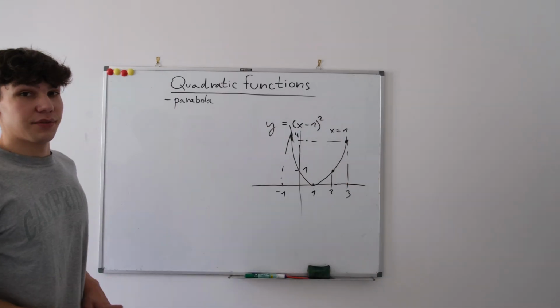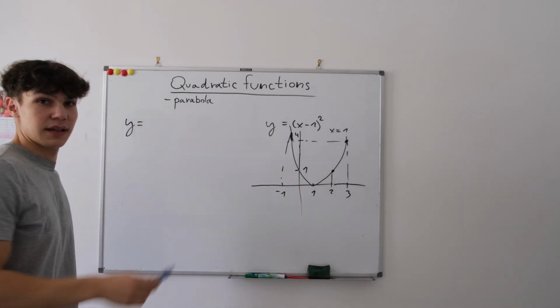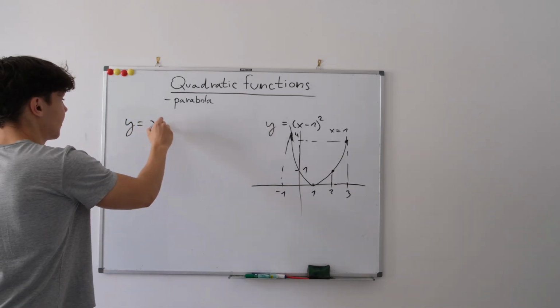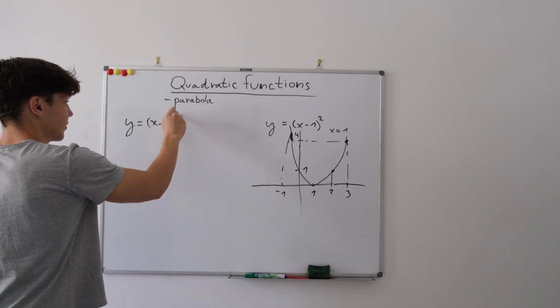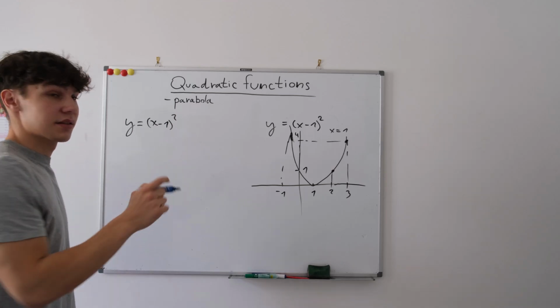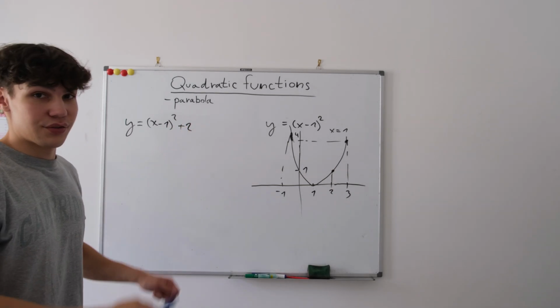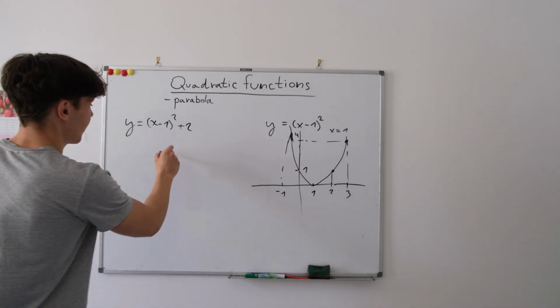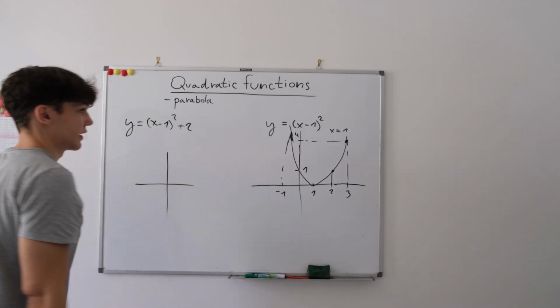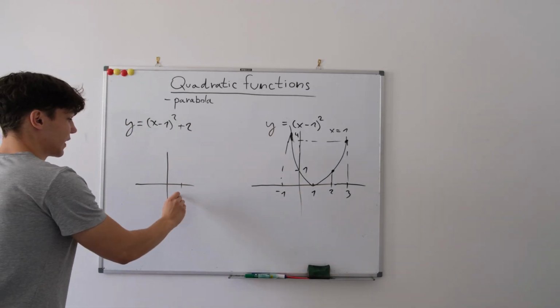The third type of transformation can look like this. I'm going to use the same function, x minus 1 to the second power, but we can also have this, for example. We add 2. And so what this does to our function, we can do exactly the same thing as we did before, right? We start at 1.